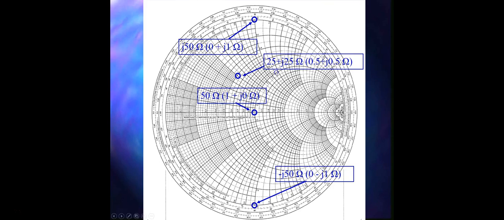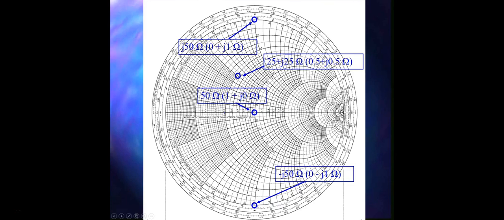And then we have 25 plus j25 ohm, and its normalized value is 0.5 plus j0.5. For 0.5, we know that this is a pure resistance, so it should be on the real axis. So we will find out where it is going to be. Somewhere here, you see this is the 0.5.